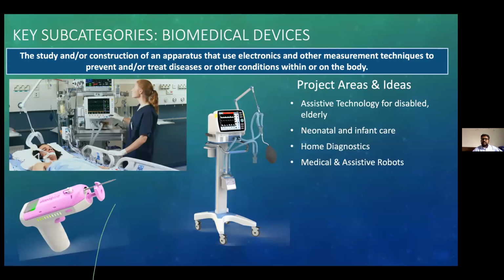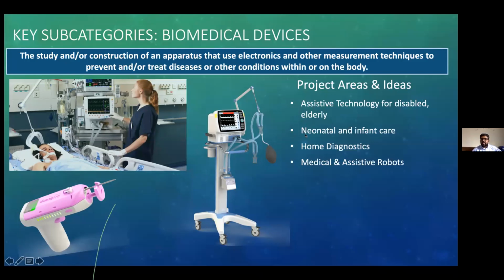For example, if somebody cannot type because they have arthritis and their fingers are stiff, typing with a keyboard or using a mouse on a computer is going to be difficult. So assistive technologies are those kinds of products that help people there.